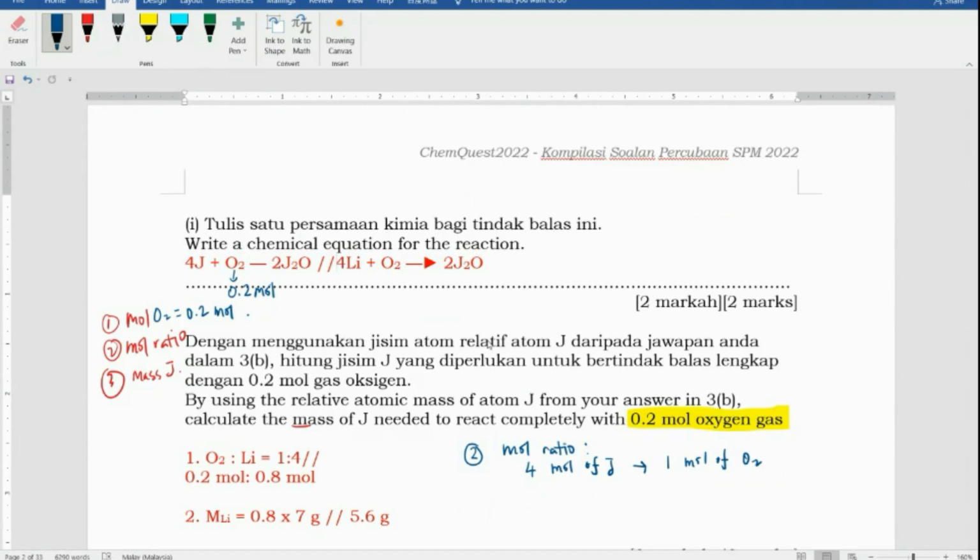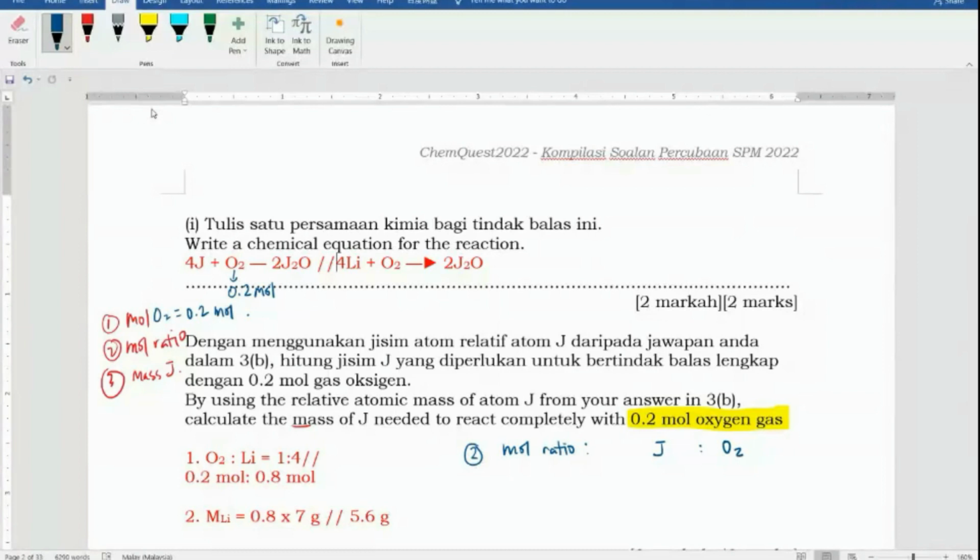Or you can write like this also can. You just compare O2 with the J. You write J first also can. It's up to you. Following the equation, you can write J first, then O2 also can.